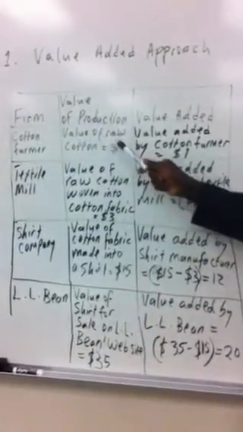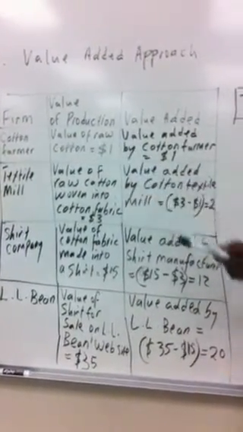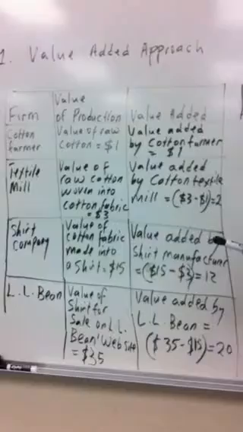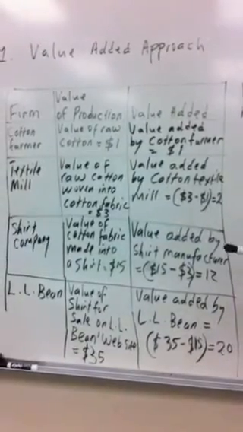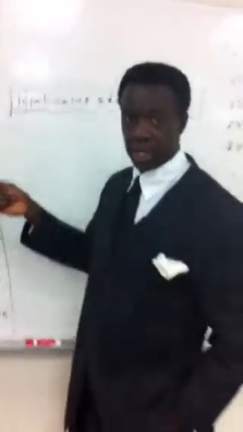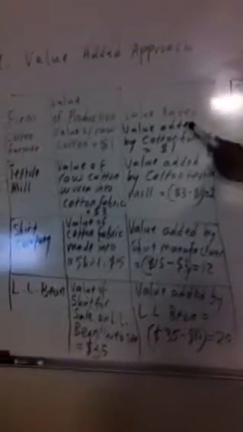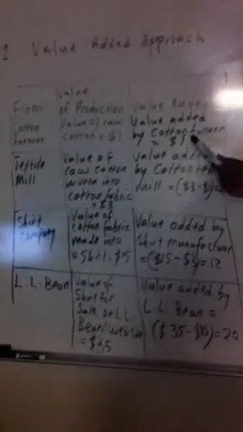The value of raw cotton is $1, assuming the cotton farmer got the cotton for $0. So the value added by the cotton farmer is $1.